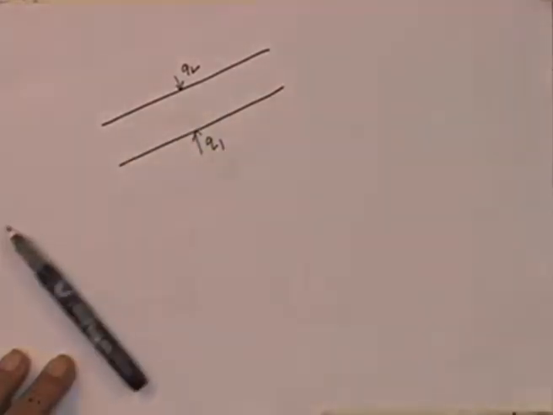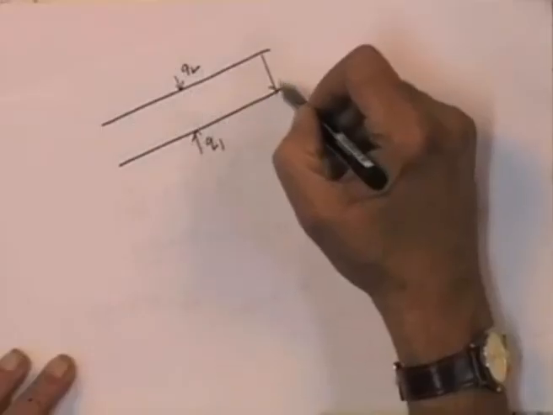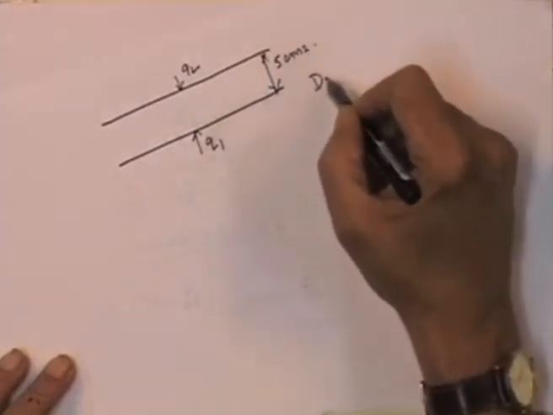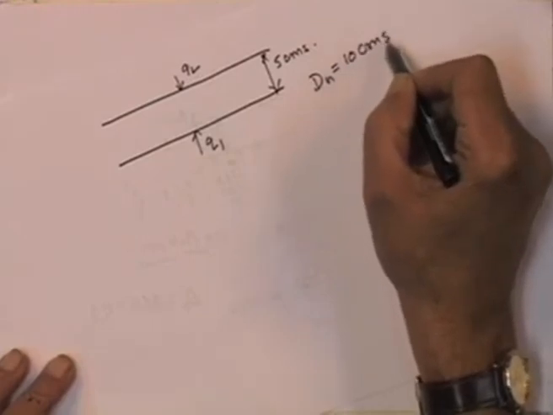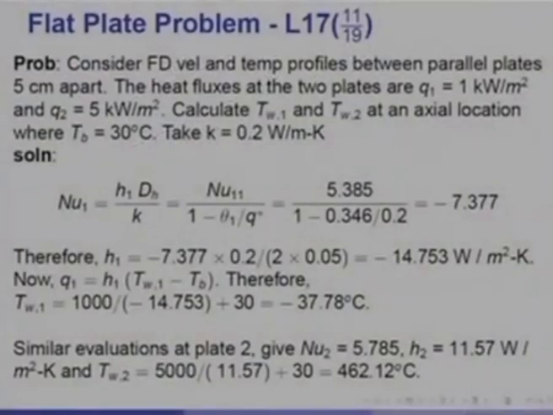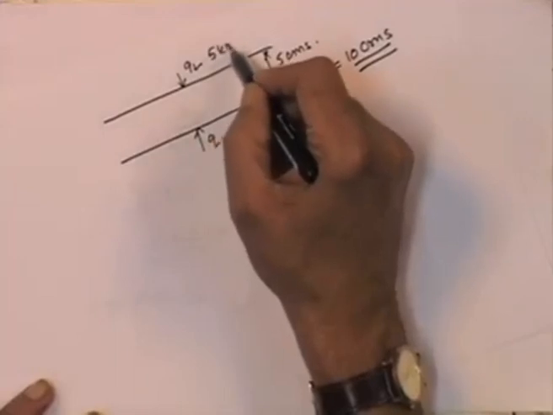If you read the problem, it is like this: the flow between parallel plates which are 5 centimeters apart. Therefore, d_H will be 10 centimeters, and I have said Q1 is equal to 1 kilowatt per meter square, and this is 5 kilowatts per meter square.